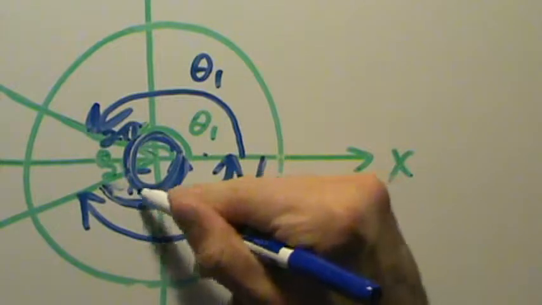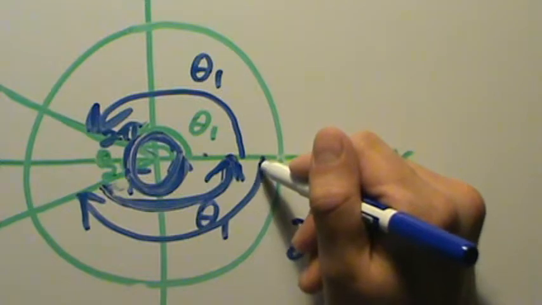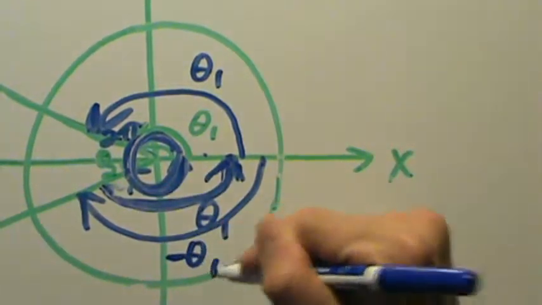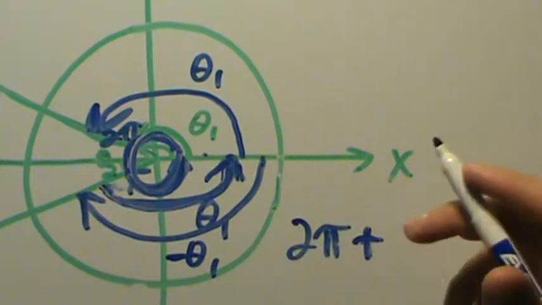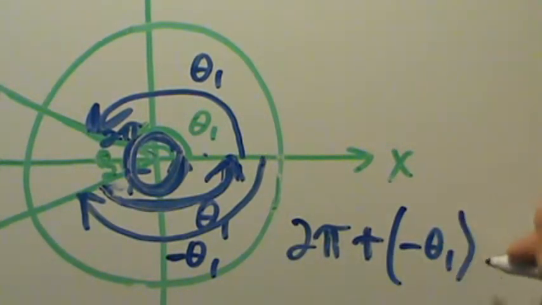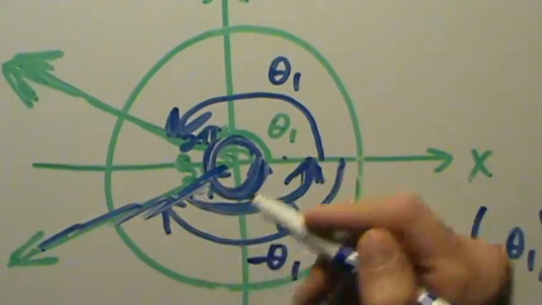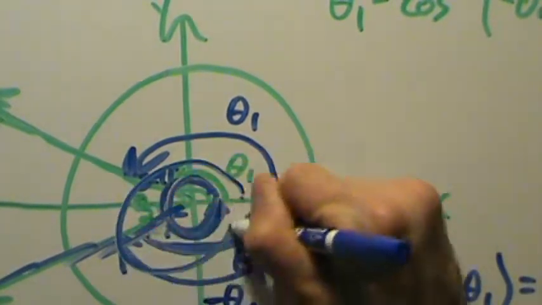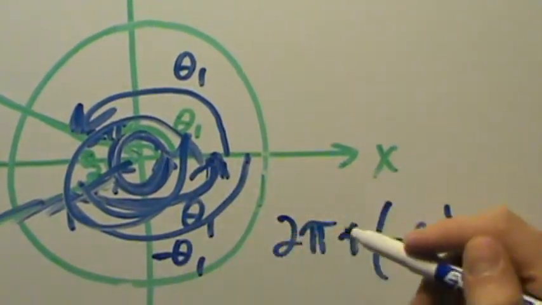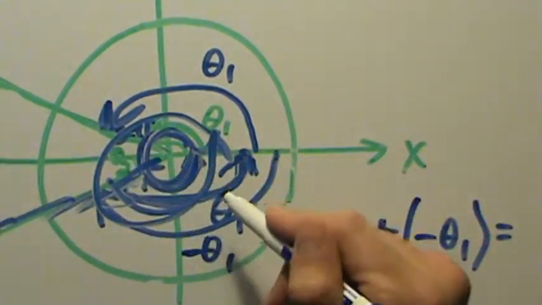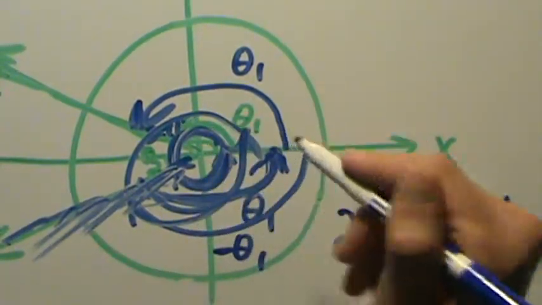If theta 1 is this in the positive counterclockwise direction, then the same size angle in the other direction is going to be negative theta 1. This is pretty much identical to example 4. We're just doing 2 pi plus negative theta 1. And where does that put us? That puts us right here, which is theta 2.